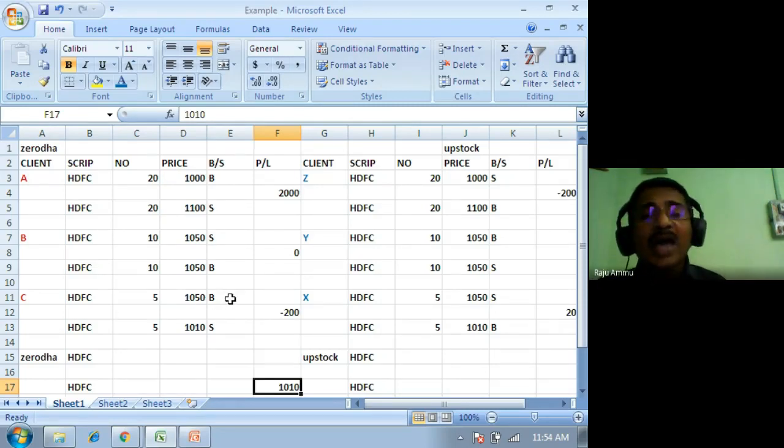So as this is an intraday transaction, the position is a bought position. You bought in the morning. You have not sold it, and for that reason the automated system in the stock exchange and the broker system will close your position. If you have not closed it, the system will automatically square off your position.